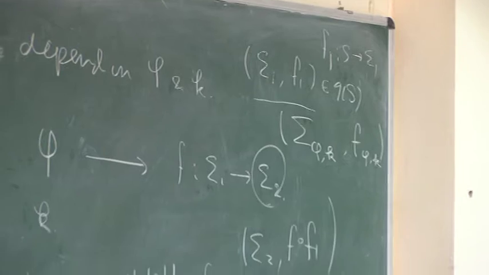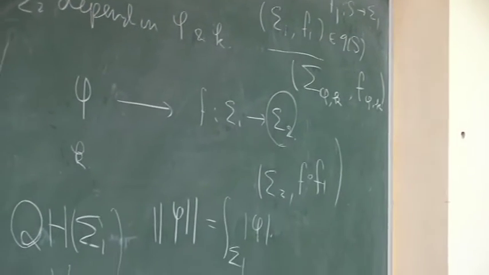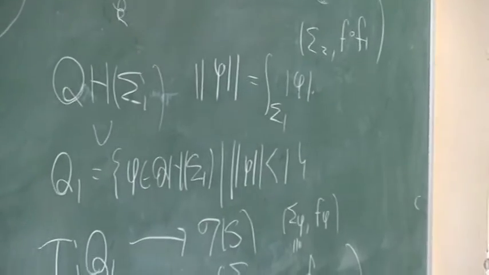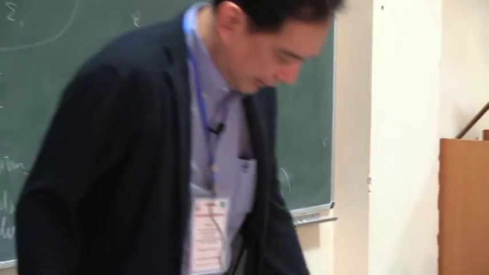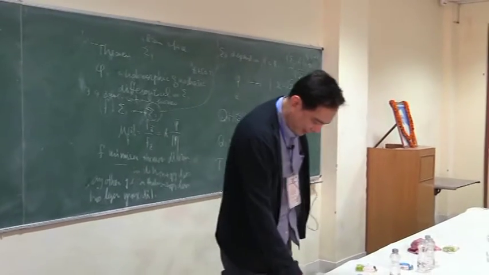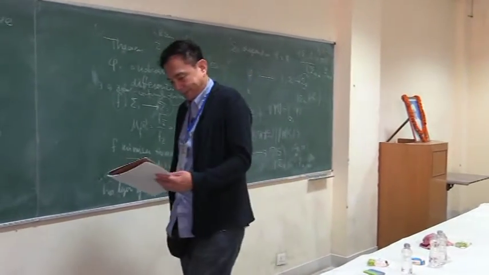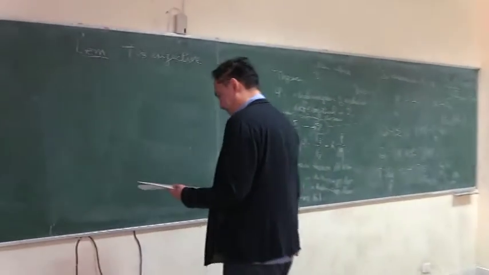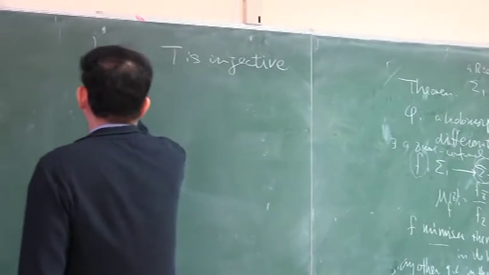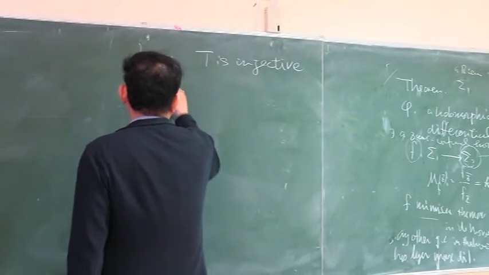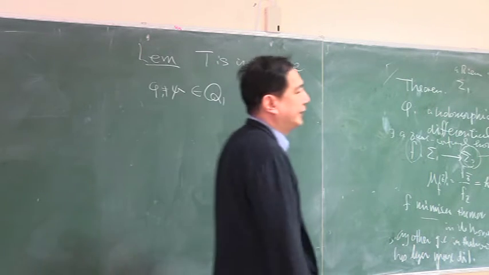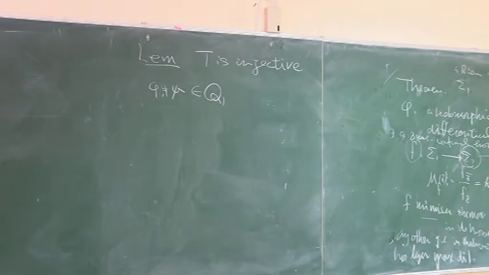So the first lemma: T is injective. Probably I should prove this. Okay. So suppose you have two distinct quadratic differentials, both of which are contained in Q1.